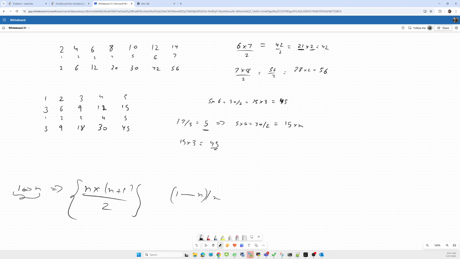We use the same method, n times n plus 1 by 2, which is 15. Once we get the number of multiplications, we multiply it by m. Here m is 3, so the total will be 45.